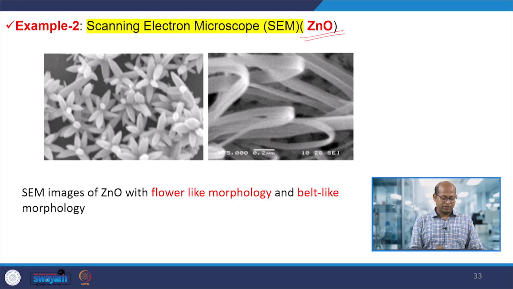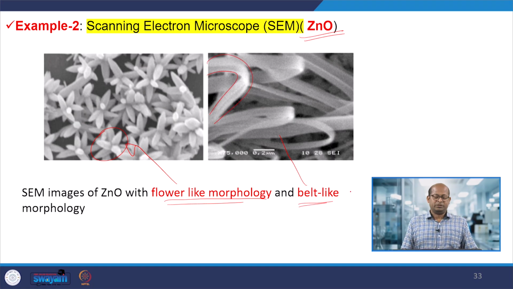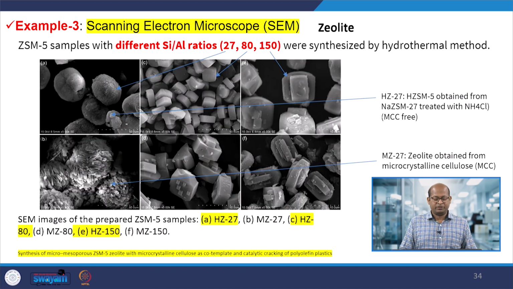Here you can see the morphology, a flower-like structure that has been formed. Another example: the same material was prepared by other methods. Here you can see belt-like structures or morphology developed. So depending upon the method of preparation, the same component or material can give different types of structures.